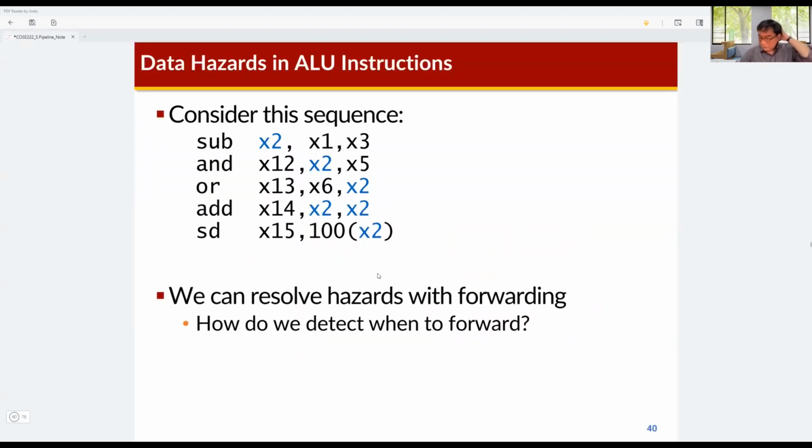This is the example code that shows the data hazard between the sub instruction and the following instructions.